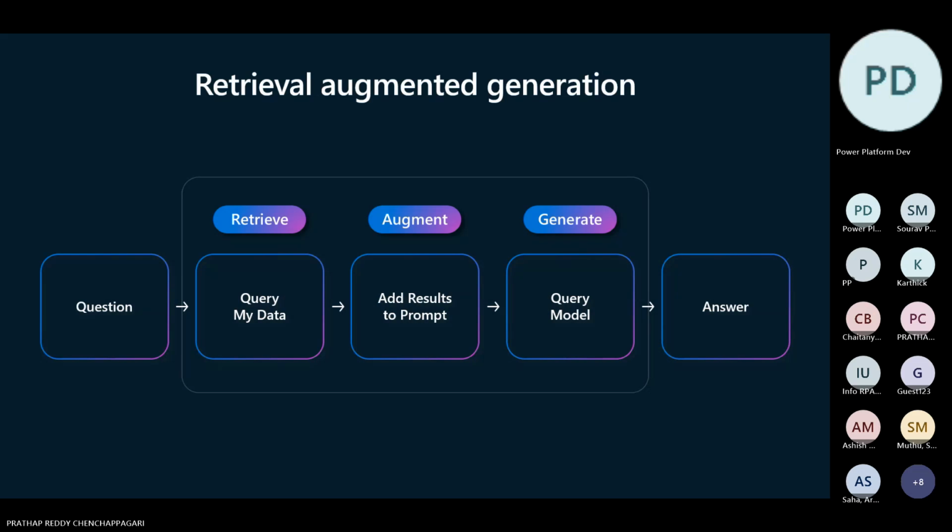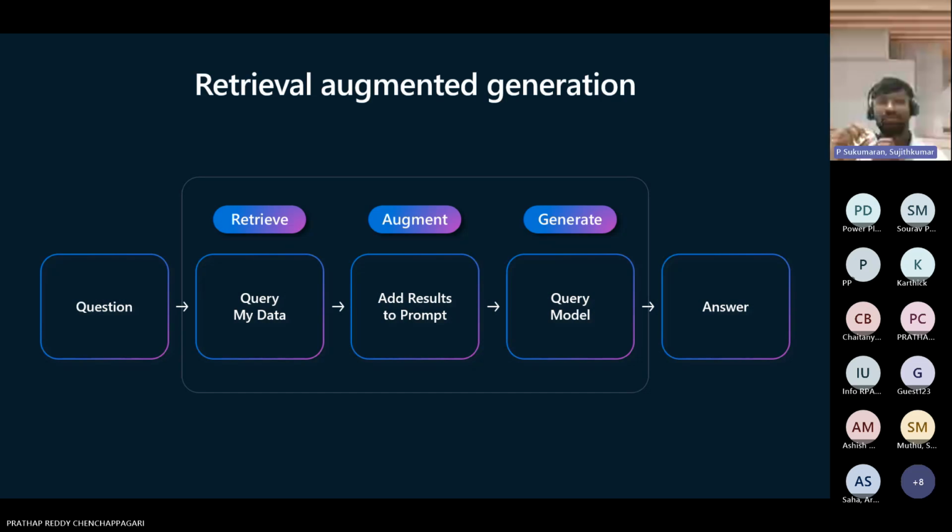The user inputs an initial prompt, maybe asking for some specific data. Using that basic prompt, it can search the data source and retrieve the relevant grounding data. This is the retrieval part.